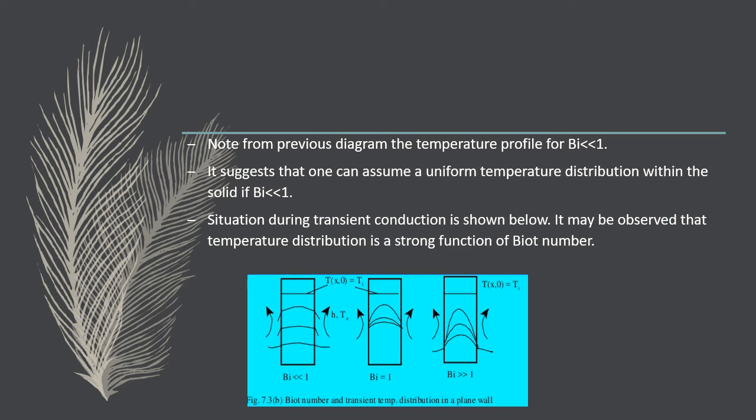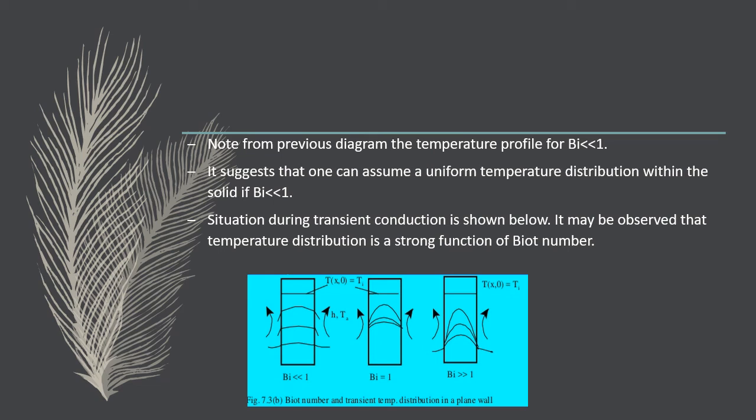In all the cases, we have seen that the flow of the lines changes. When Bi is less than 1, the flow of the lines is almost plane.